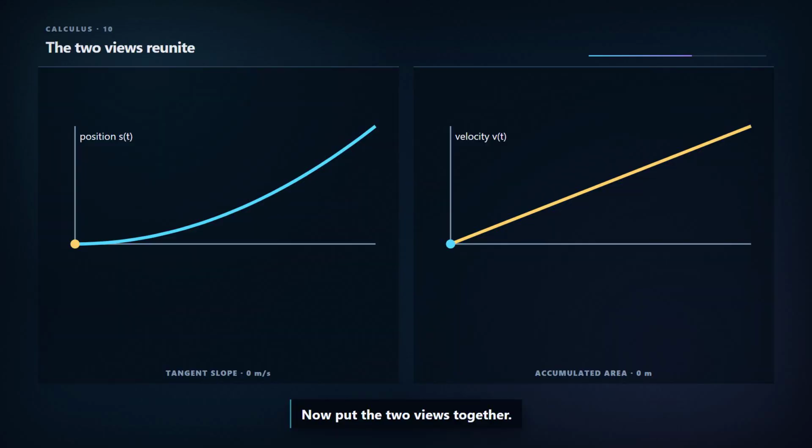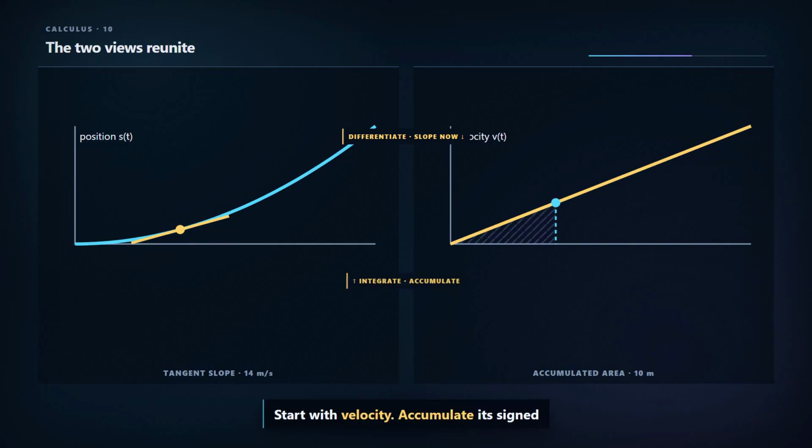Now put the two views together. Start with position. At every time its tangent slope gives velocity, differentiation extracts change now. Start with velocity. Accumulate its signed area from the beginning, and it gives position change.